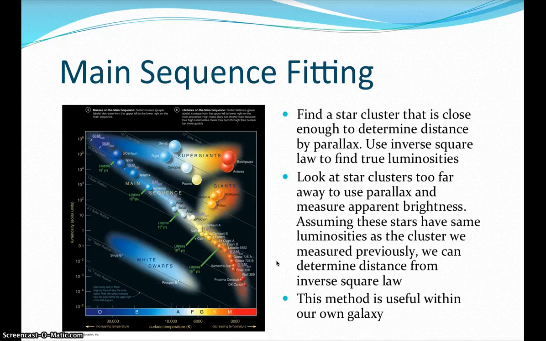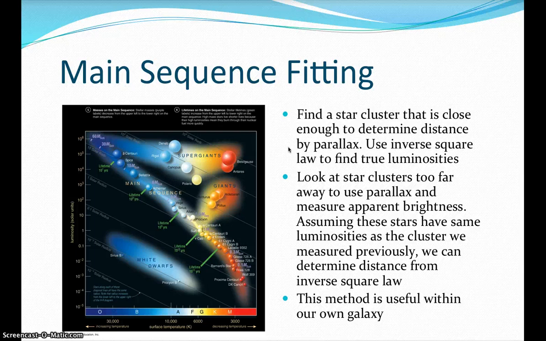So we're going to exploit this idea of the main sequence. Basically, what we're looking at when we do main sequence fitting is, first of all, we use a star cluster that's close enough that we can find the distance using parallax. Remember that we found that stars form in clusters, so that's not going to be very difficult. So we have a cluster of stars.